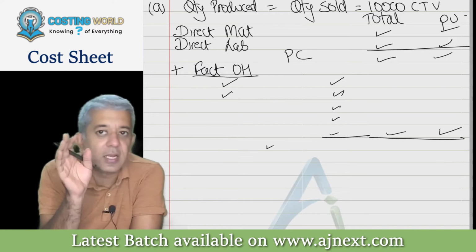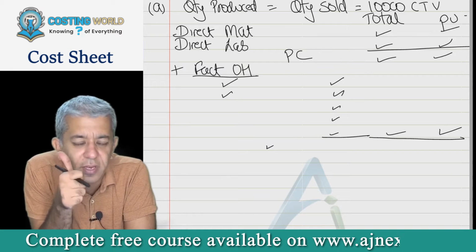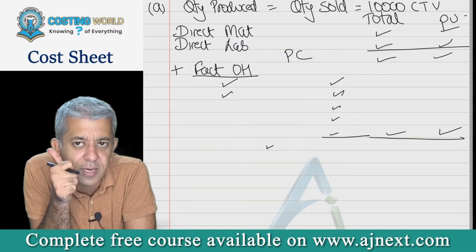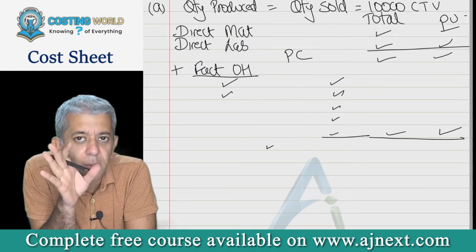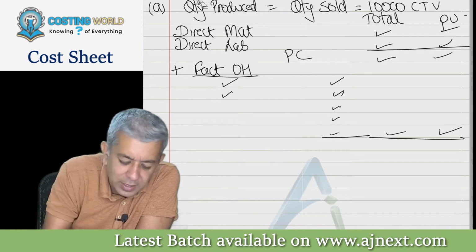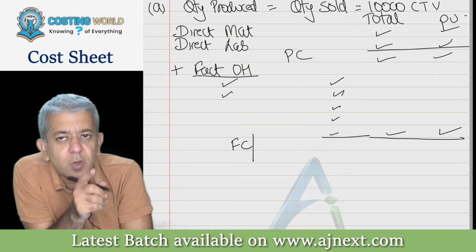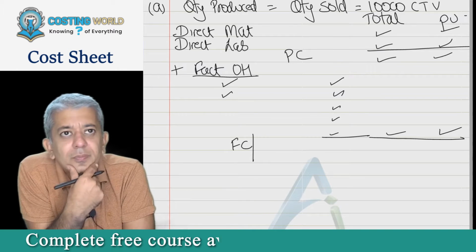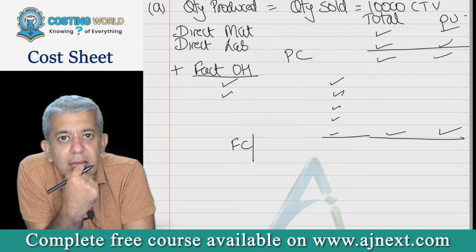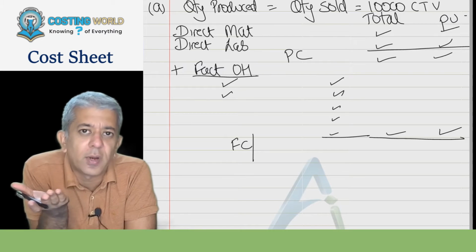Now technically this is gross factory cost. Then you adjust your WIP stock. You arrive at net factory cost. Am I correct with that? But in this question, there is no WIP stock. So this particular term, I'm directly calling as factory cost. Now, after factory cost, what comes? Administration related to production. But I guess that head is no longer required in this question.